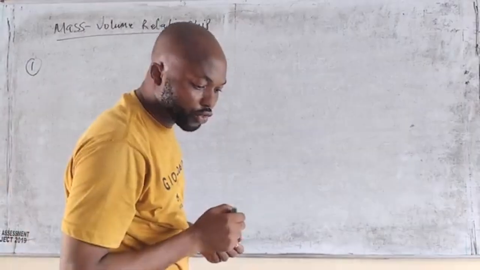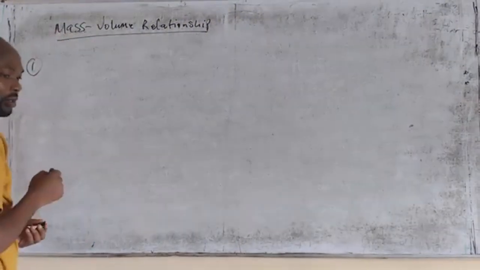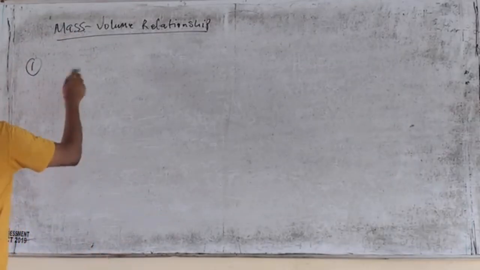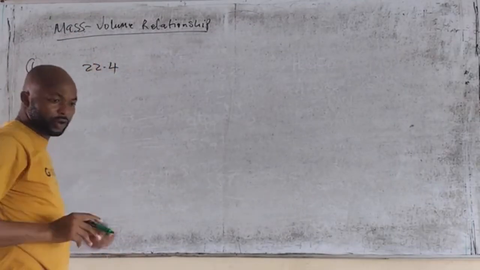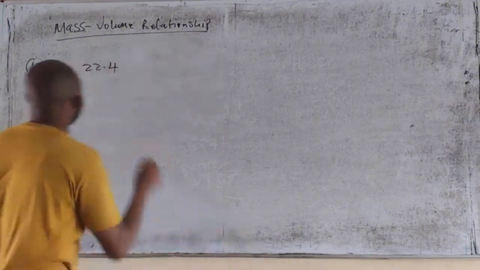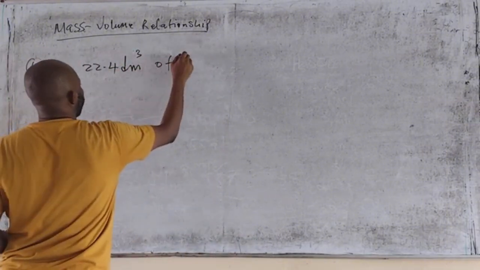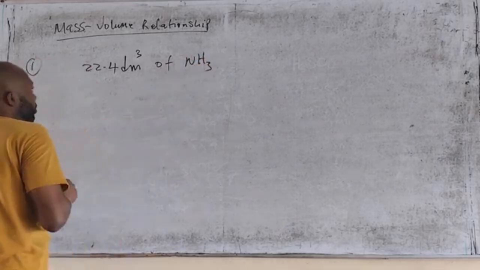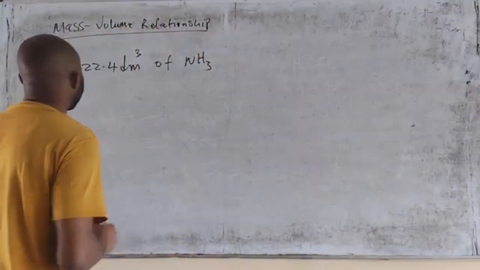Calculate the mass of 22.4 dm cube at STP of ammonia, NH3. We should calculate what? Calculate the mass. Solution.